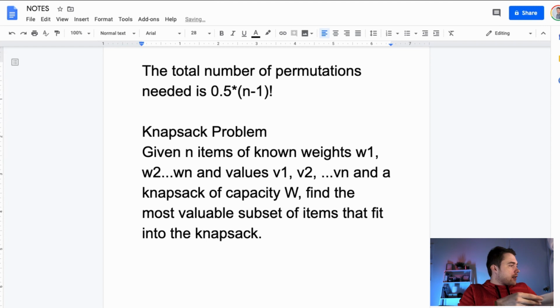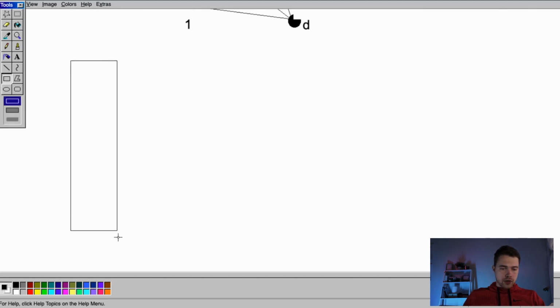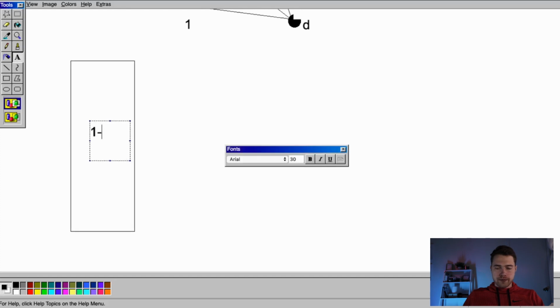Cool. So let's take a look at an example from the book. Let's say I have a knapsack, and that's its capacity. I can fit at most 10 pounds.